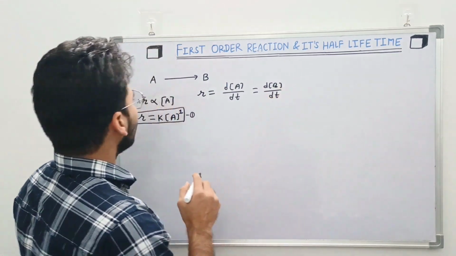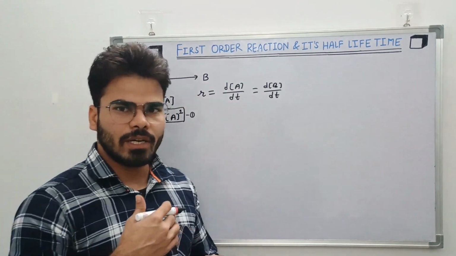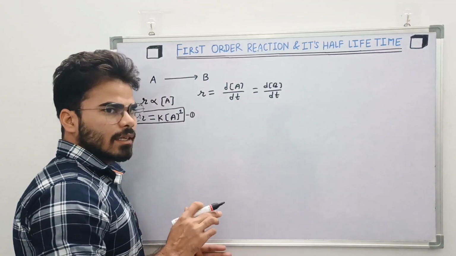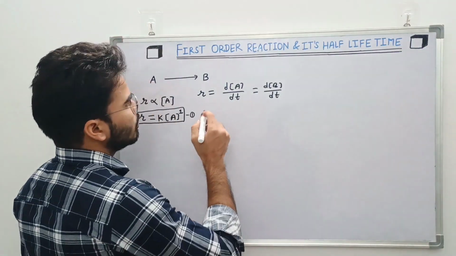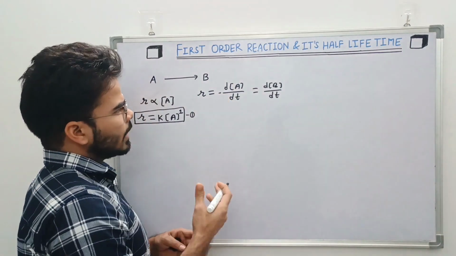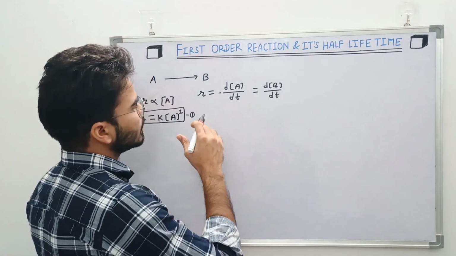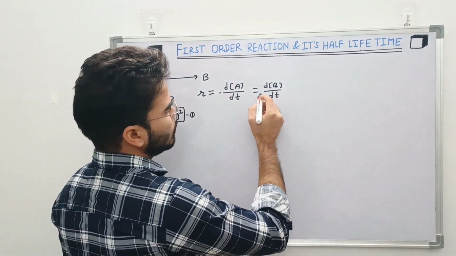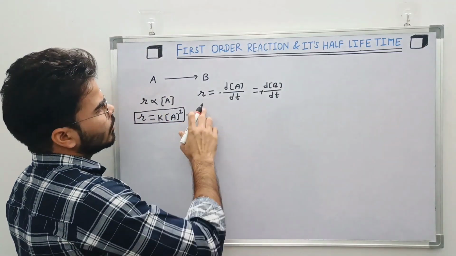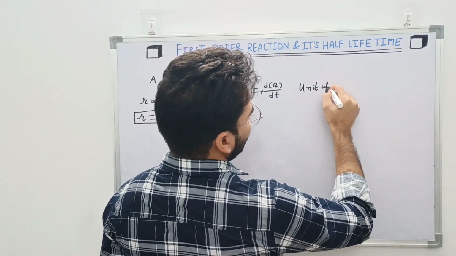With respect to time, reactant A is converting into product B. It means with time our reactant concentration is decreasing, so we have to put a negative sign here. And with respect to time our product is forming, so the concentration of product is increasing, so we have to put a positive sign here.